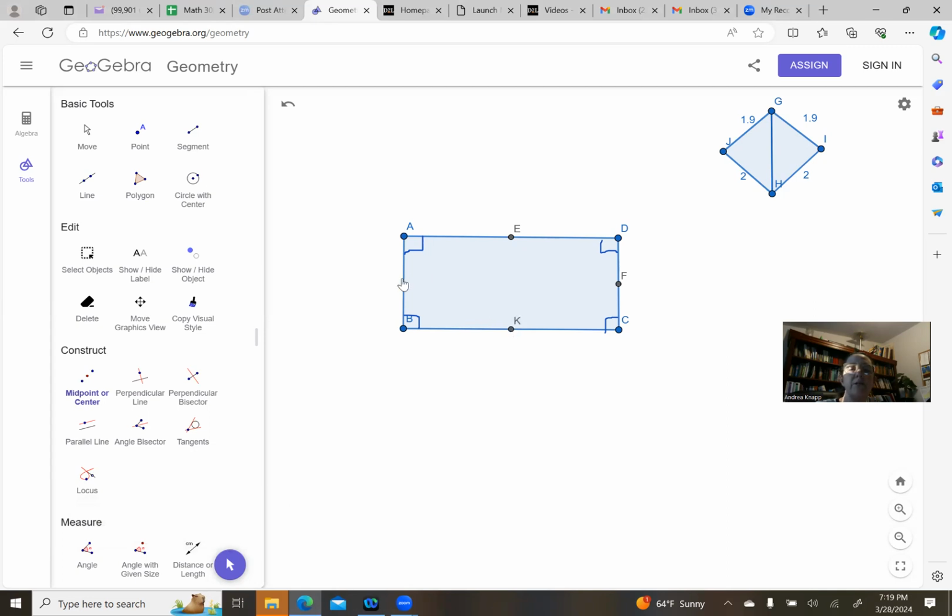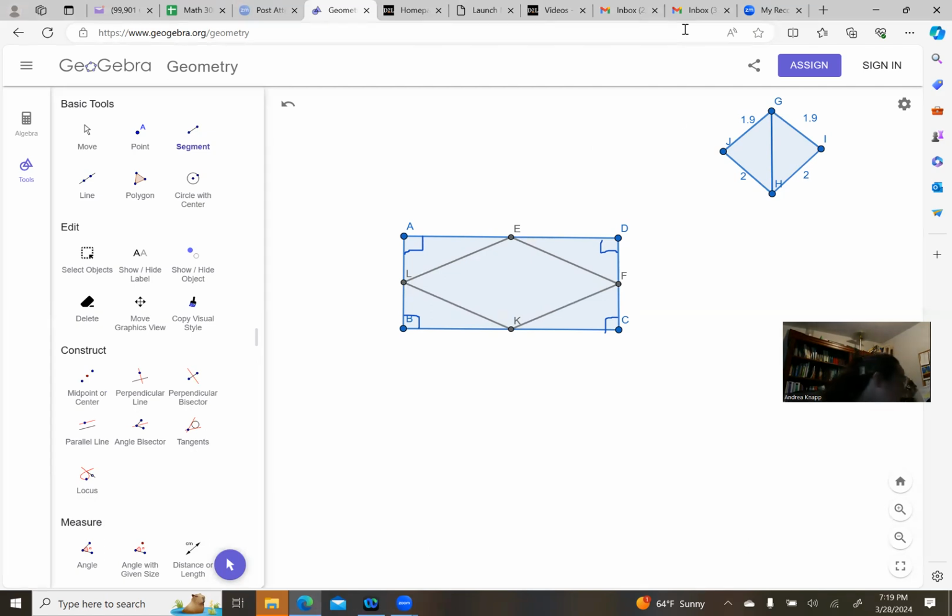And then we'll use our segment tool to connect those points. And we need to say what figure you would have on the interior given certain things that are congruent.